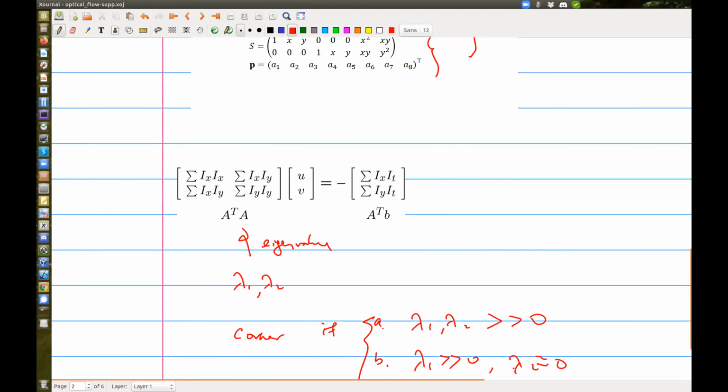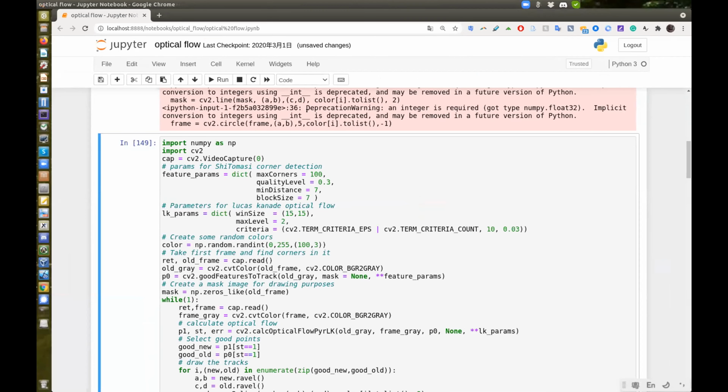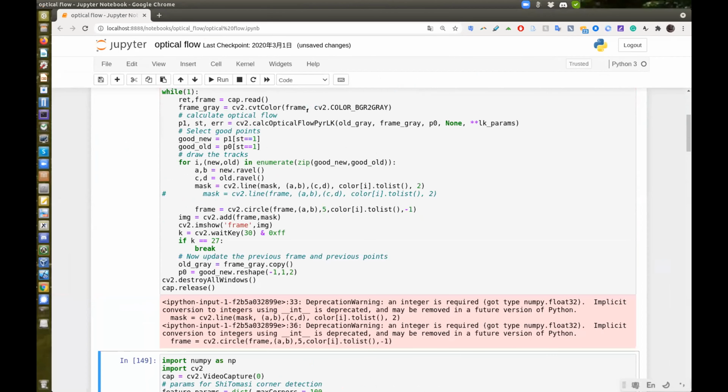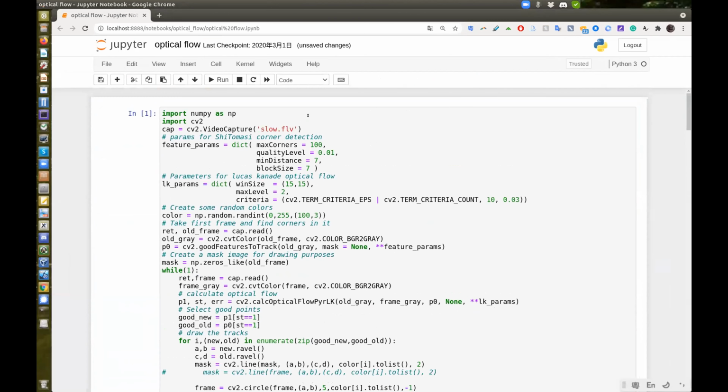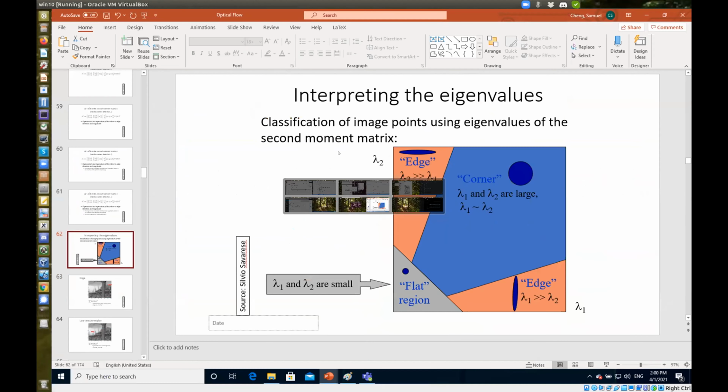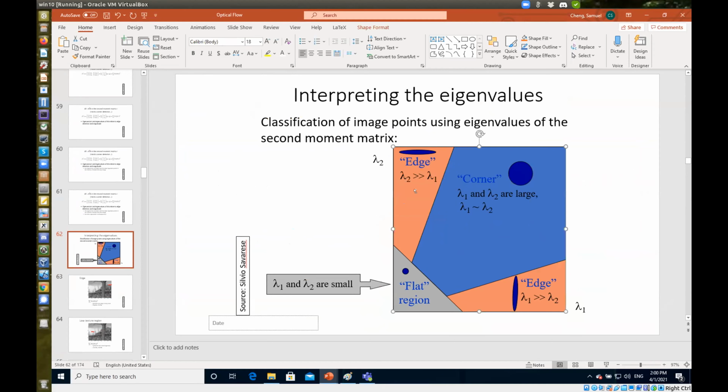Okay, let me get back to the code here. Yes, we mentioned this quality level, and this is really using the Harris corner detector. So if I decrease this level, most likely it will make it... maybe I should copy this thing here also, it's easier.